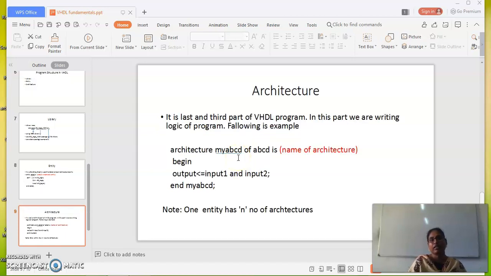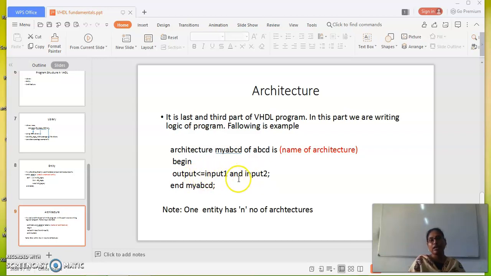Next one, architecture. This is the last and third part of the VHDL program. In this part, we are writing the logic of the program. This is the example for the architecture. Architecture ABCD of ABCD is: this first ABCD is the name of the architecture. Begin, output <= input1 and input2.